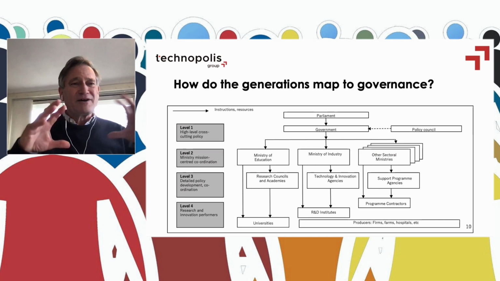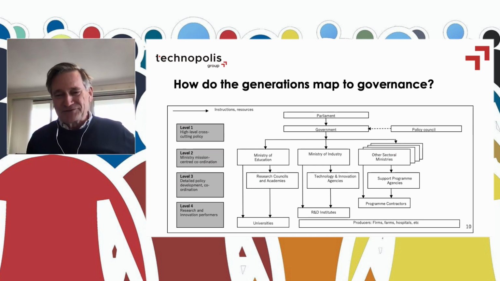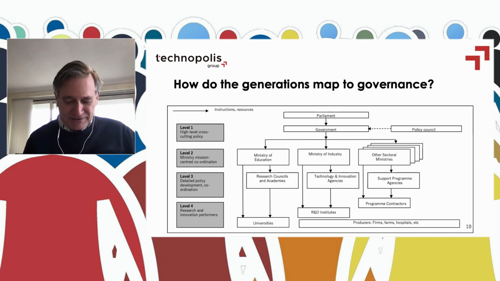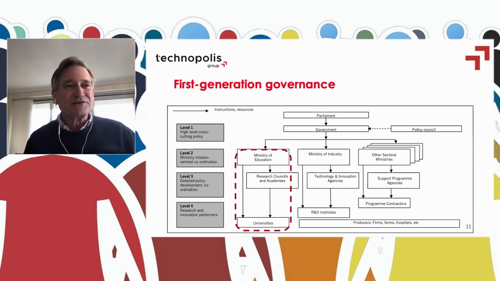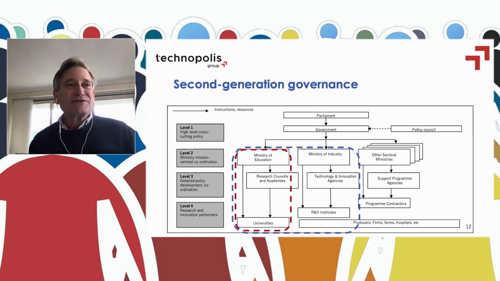If we then think about how these generations map to overall governance, this is a generic picture of what government or governance looks like, and universities and institutes fit into that. First generation government basically does this bit, which is the Ministry of Education, research councils, universities. Second generation pulls in industry, the innovation processes.